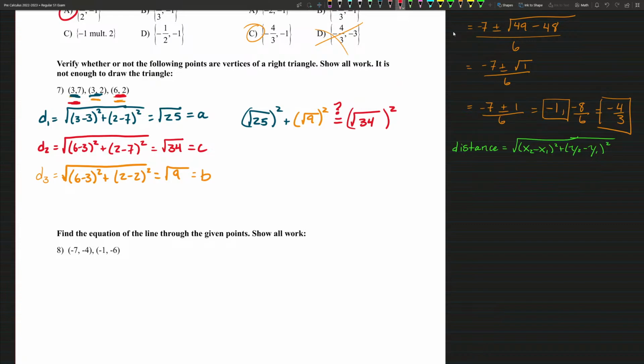So rad 25 squared is just 25. Rad 9 squared is just 9. Rad 34 squared is just 34. This is a true statement because we have 34 is equal to 34. Therefore, this is a right triangle.